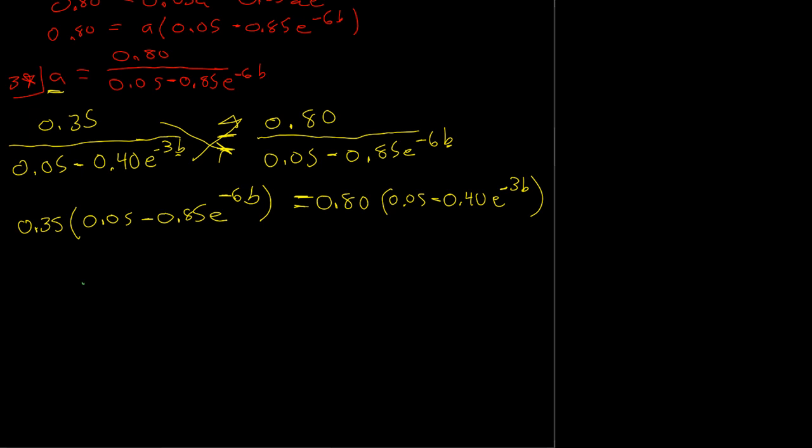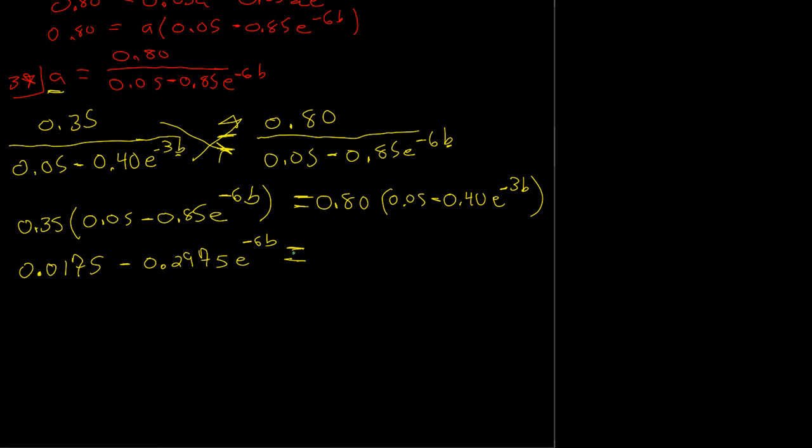Sorry about that. So 0.35 times 0.05 is 0.0175 minus 0.35 times 0.85 is 0.2975 e to the negative 6b equals 0.80 times 0.05.